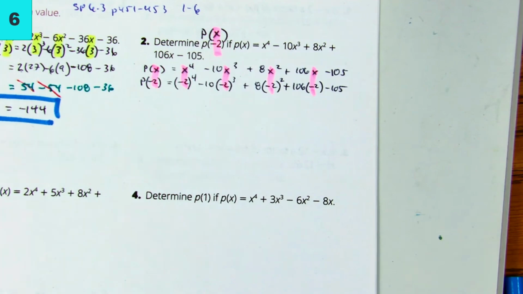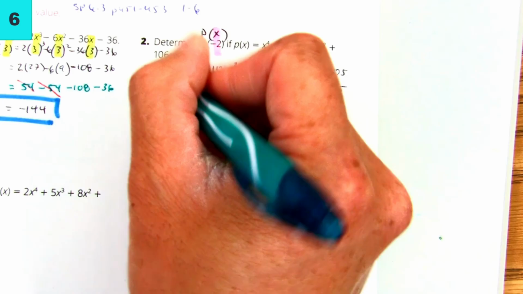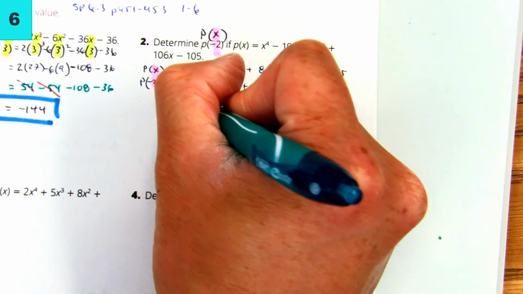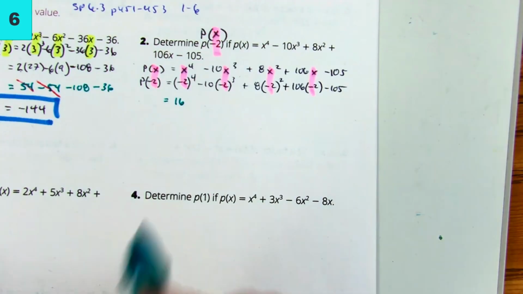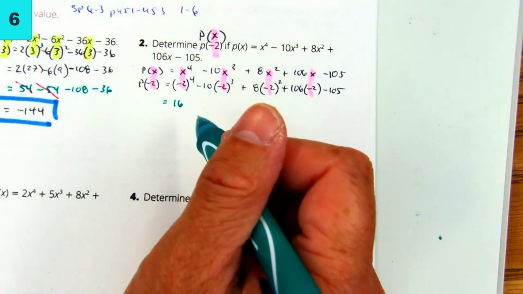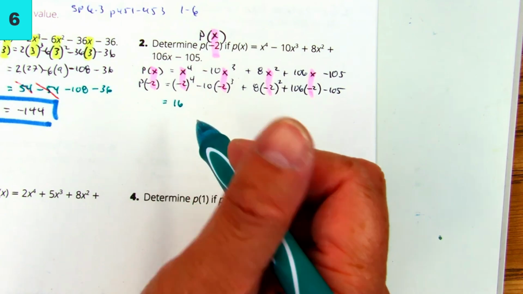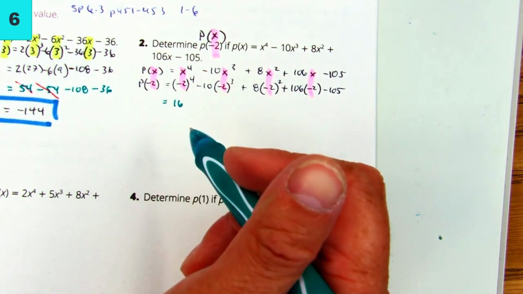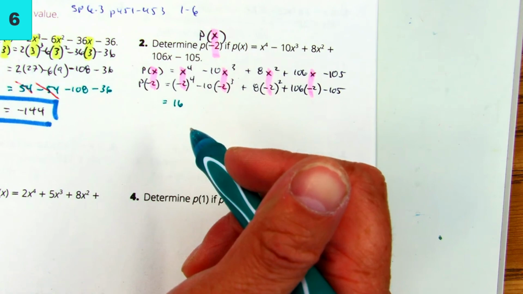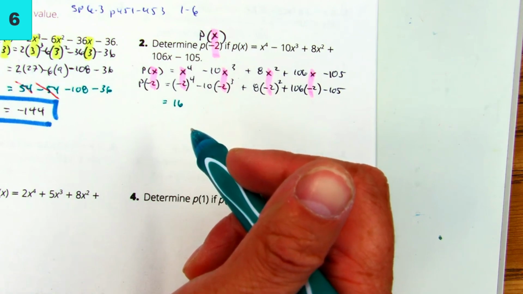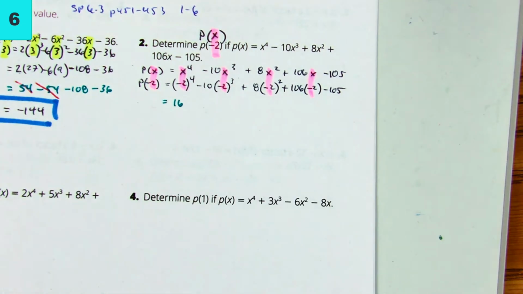Darian, -2 to the 4th power. Darian, should you do -10 times -2 or -2 to the 2nd power? Say it again, is that what you said? Please consult your partner.